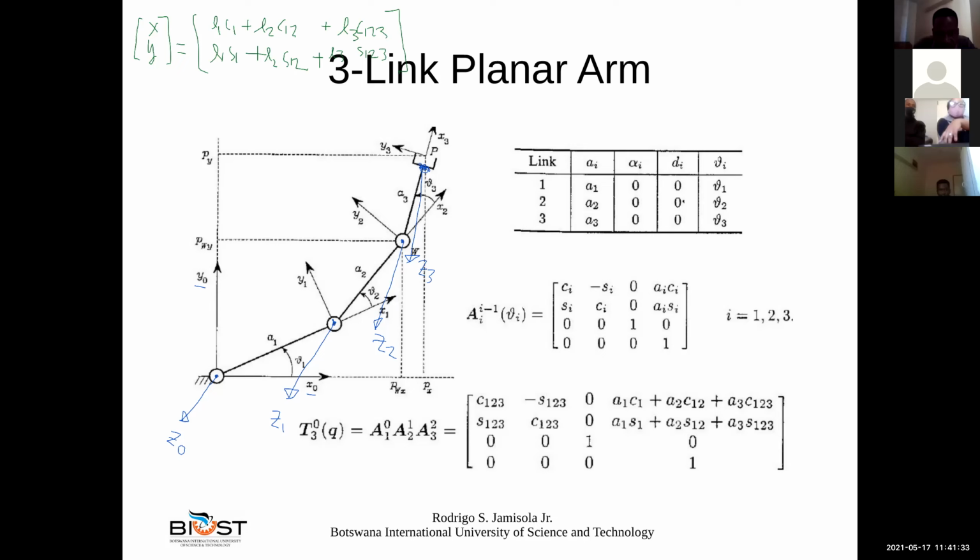Nothing is rotating about that axis. What do you think?